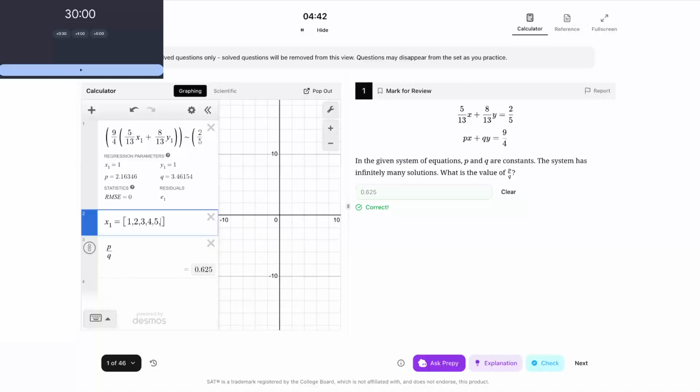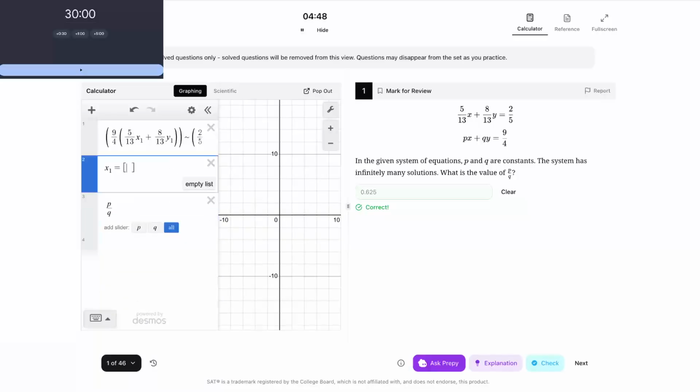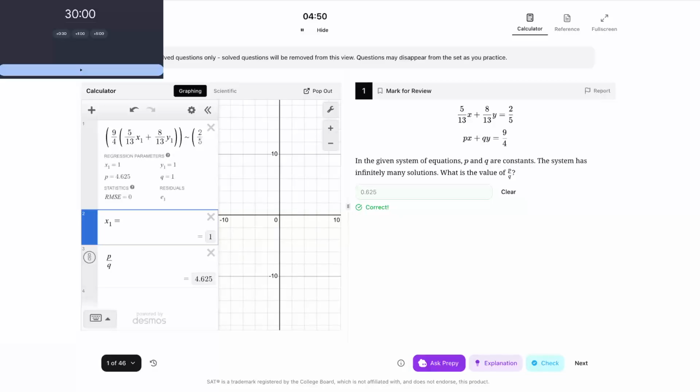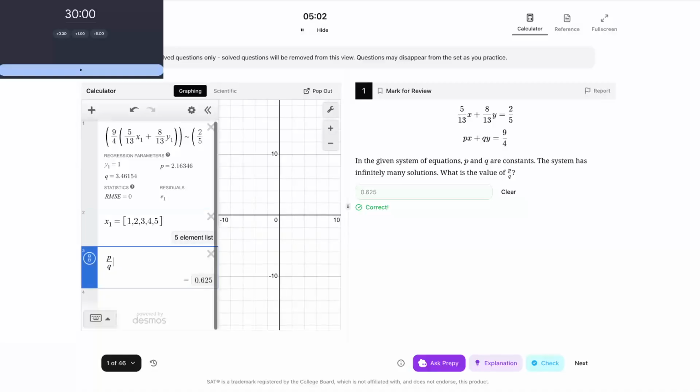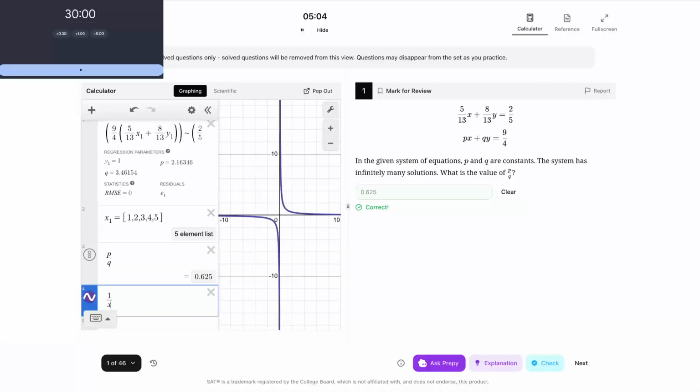You usually don't have to plug in too many points. I think 1 or 2 is significant. Just to be on the safe side, I'll plug in 5, and if x is in the bottom, make sure it does not equal 0. So let's say they give you a question like 1 out of x, right?